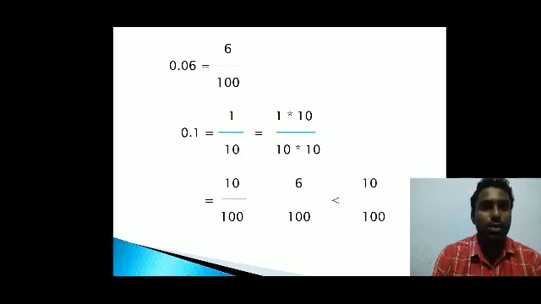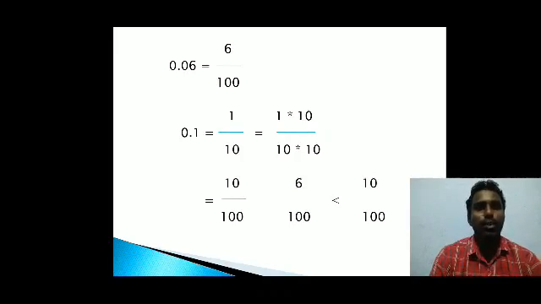So 0.06 is 6 divided by 100. And 0.1 can be written as 1 divided by 10, because there is only one digit after the point, which means one zero, so 10. Whatever number comes after 0 point goes into the numerator.